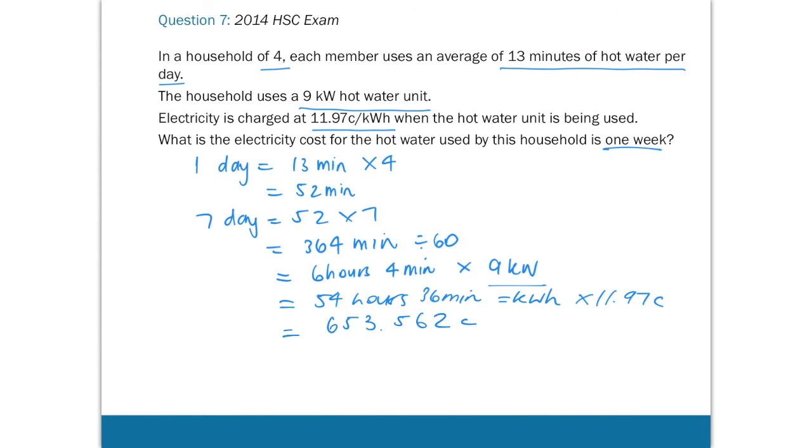Obviously we want it in dollars, so we just divide that by 100 and we get 6.5356. So that's just $6.54. And that is our final answer. So that is the electricity cost for the hot water used by this household in 1 week.